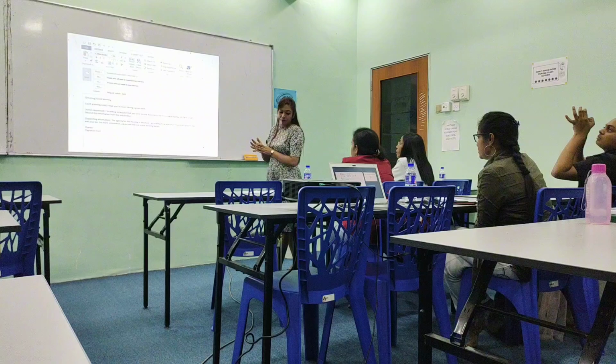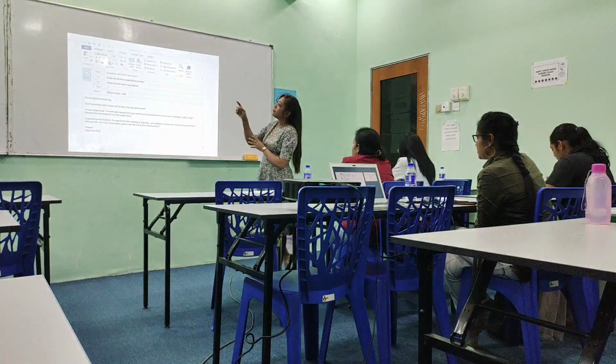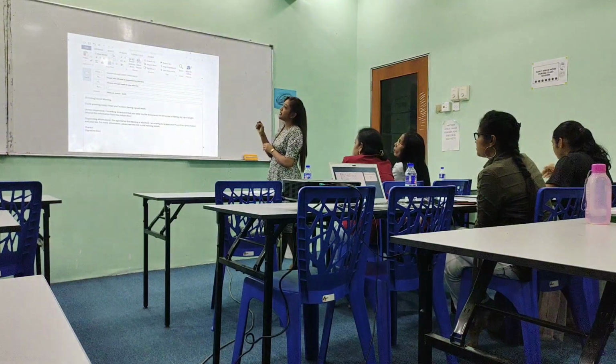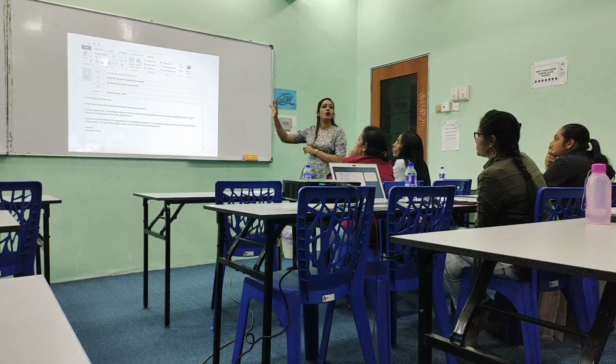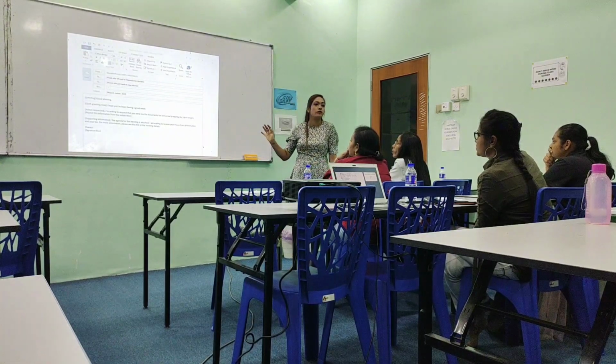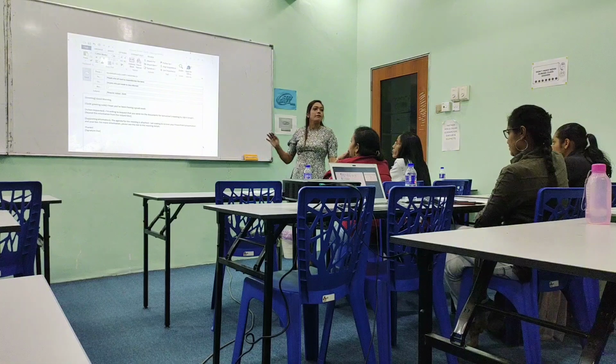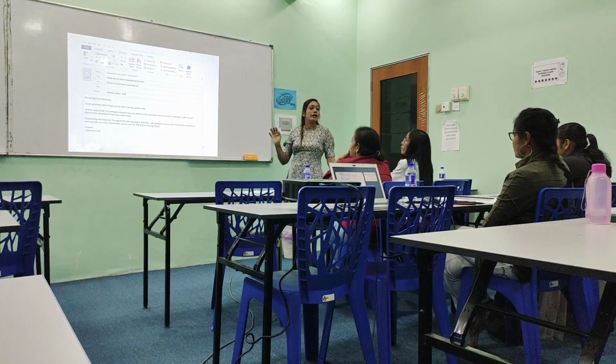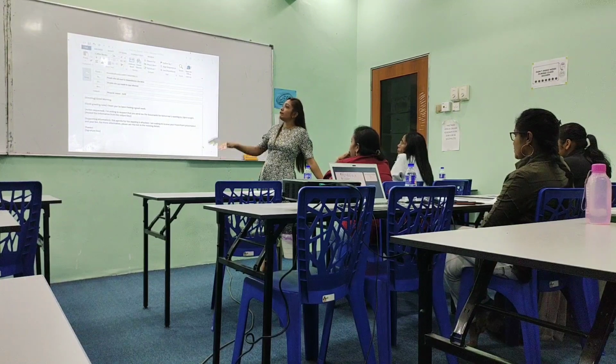Can you see From, To, CC, BCC? If you open an email, this is not Gmail. Gmail also has this, but the Gmail view is different. This is a corporate email using Microsoft Outlook. Microsoft Outlook is mostly used by organizations, corporate companies. So this email is from, meaning daripada siapa?